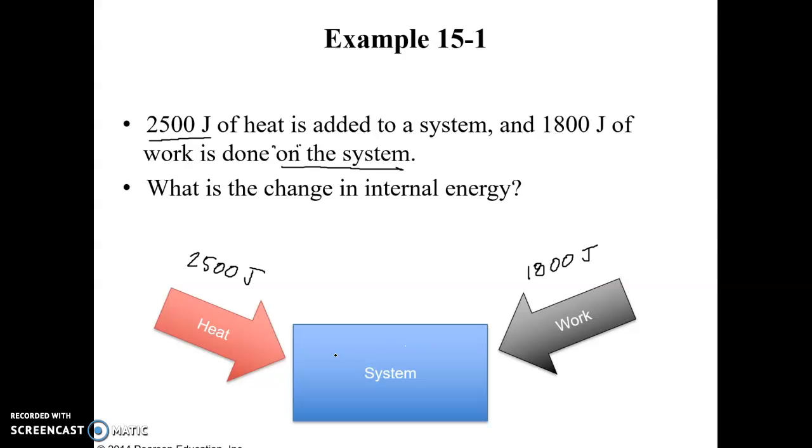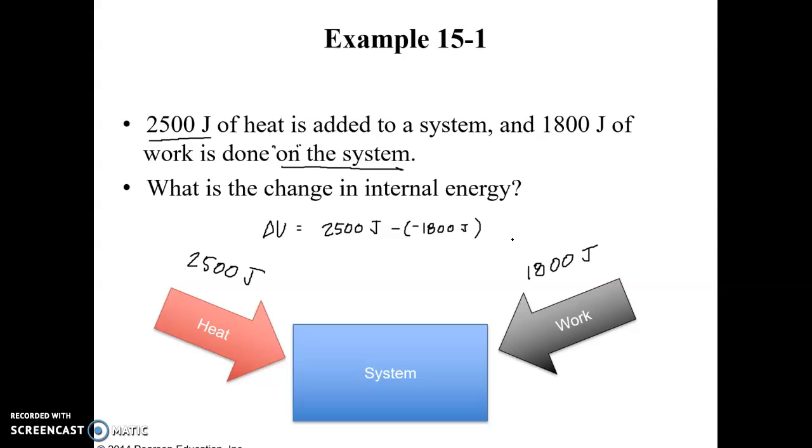So the total change in energy is not heat minus work. In this particular case, it's heat plus the work. The delta U is going to equal 2,500 joules. And then we can either think of this as plus 1,800 or minus a negative 1,800.